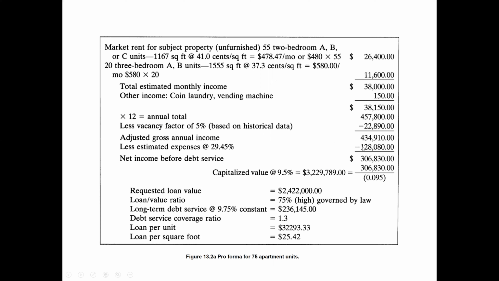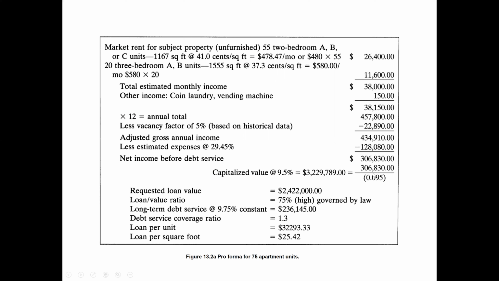The estimated expenses for this project become 29.45% of 434,910, which equals 128,080. When we subtract this, the net income before debt servicing is 306,830. This is our net income.